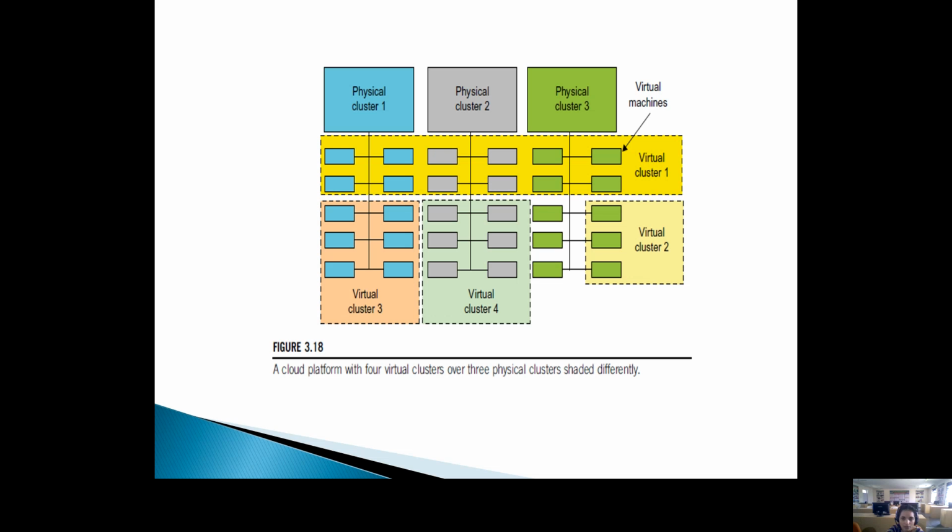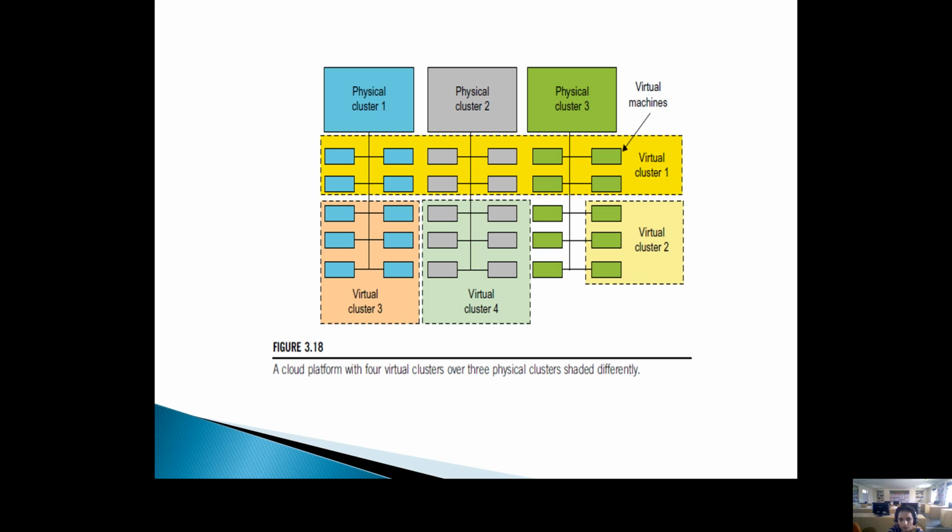Whereas a physical cluster has physical machines, a virtual cluster has virtual machines, which are interconnected logically by a virtual network. This is the physical cluster, and this is the virtual cluster.